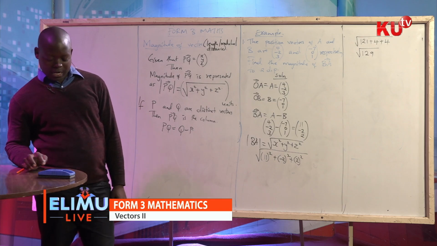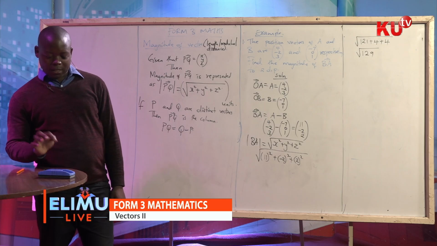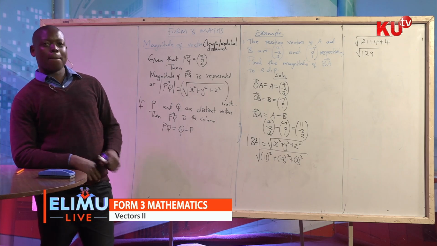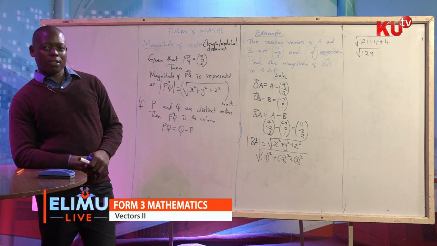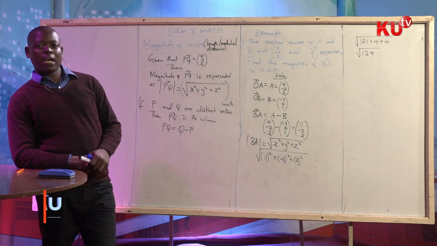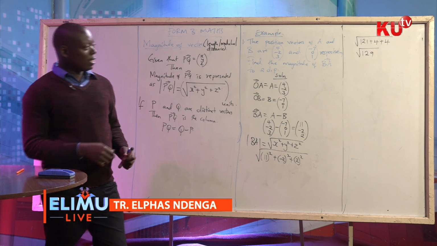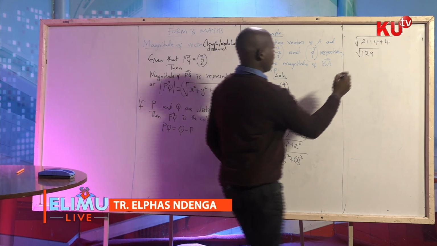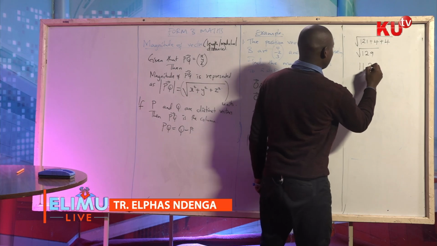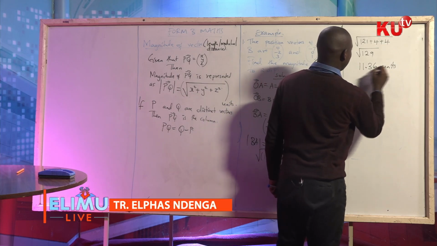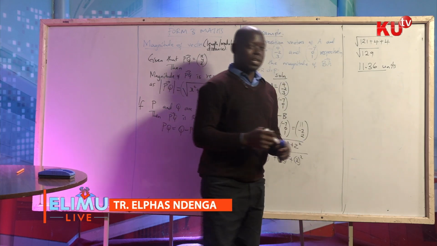So let's take our calculators. Have the square root of 129 on your calculator. Are we all there, students? Good. What is the square root of 129 from your calculators? 11.36 units.